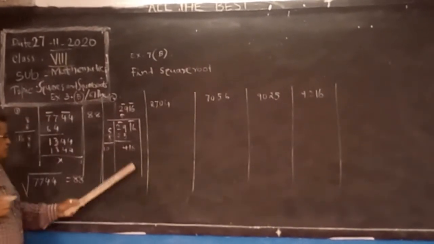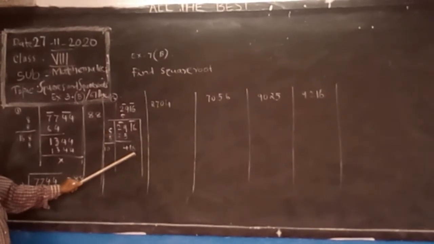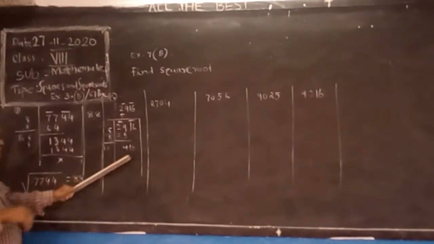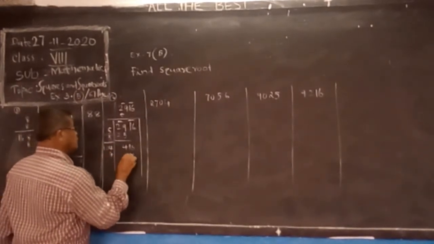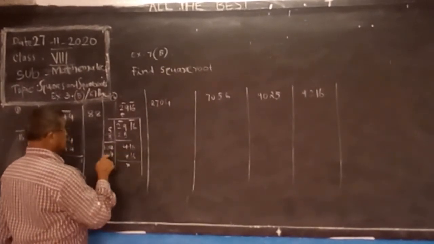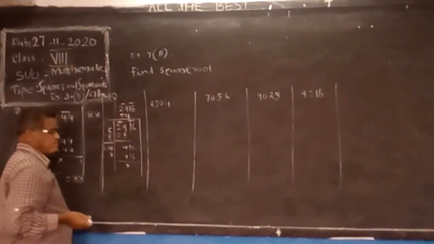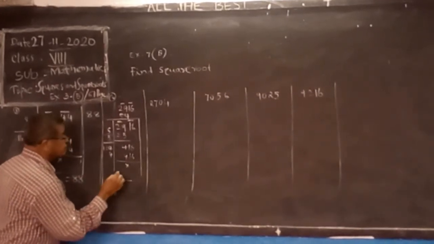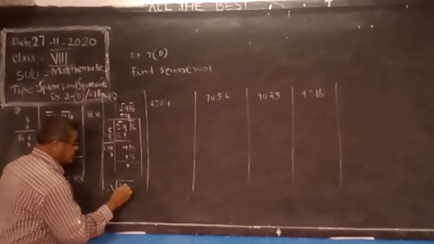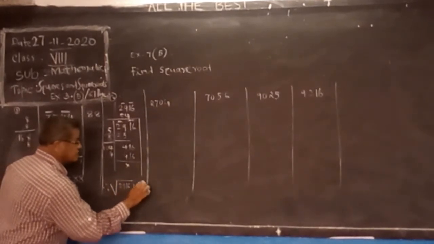It is divisible. 6 is there in the units digit. It is possible with 4. 4 fours are 16. So first pair 5, second pair 4. Therefore, the square root of 2916 is 54. Like this.